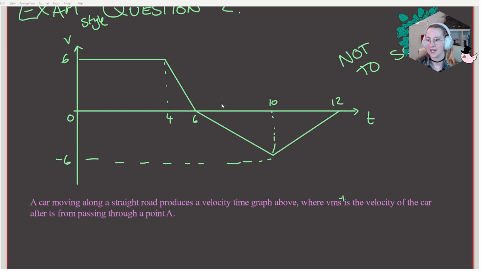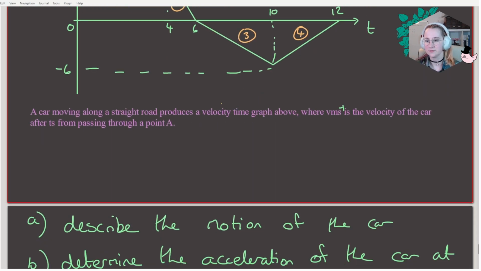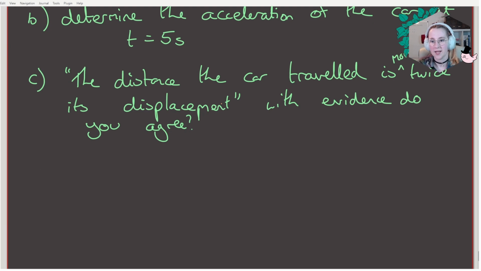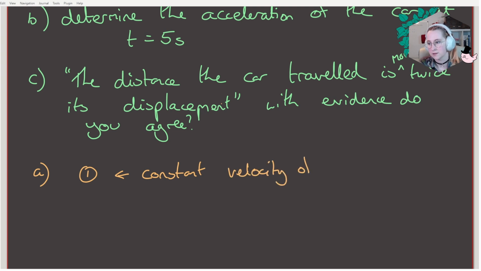So for part A, I'm just going to label these 1, 2, 3, and 4. In 1, constant velocity of 6 meters per second.